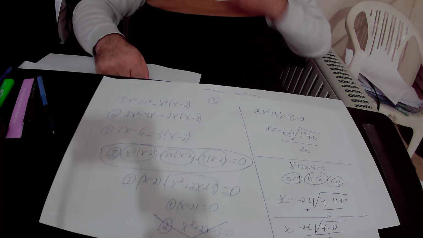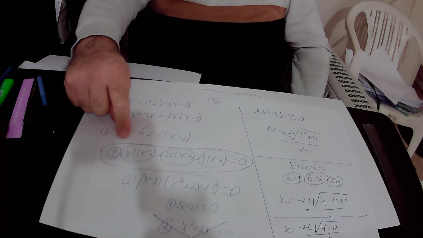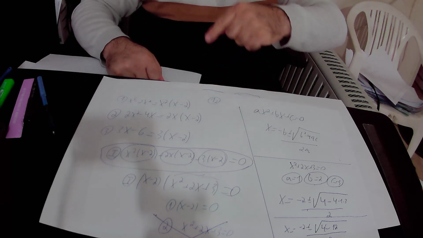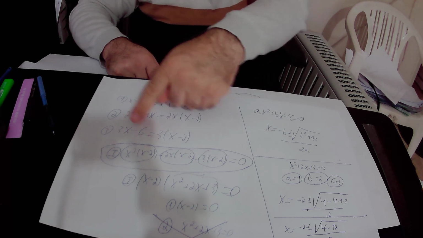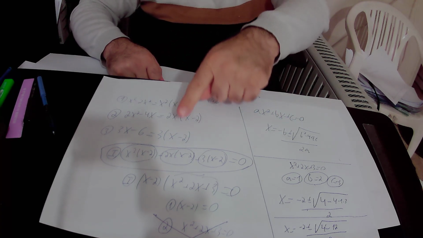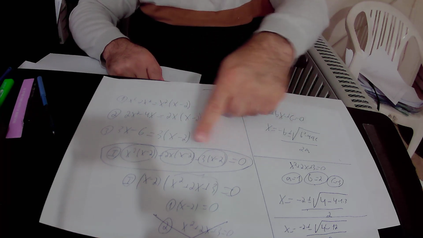So here, then we substituted those 3 expressions by those 3 identical expressions, and we got this expression. Here we took a common factor of x minus 2 out of this equation number 1.